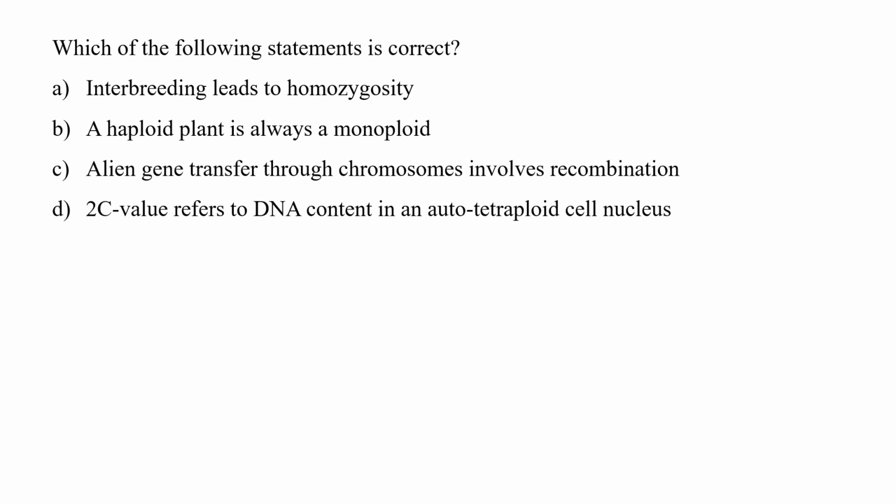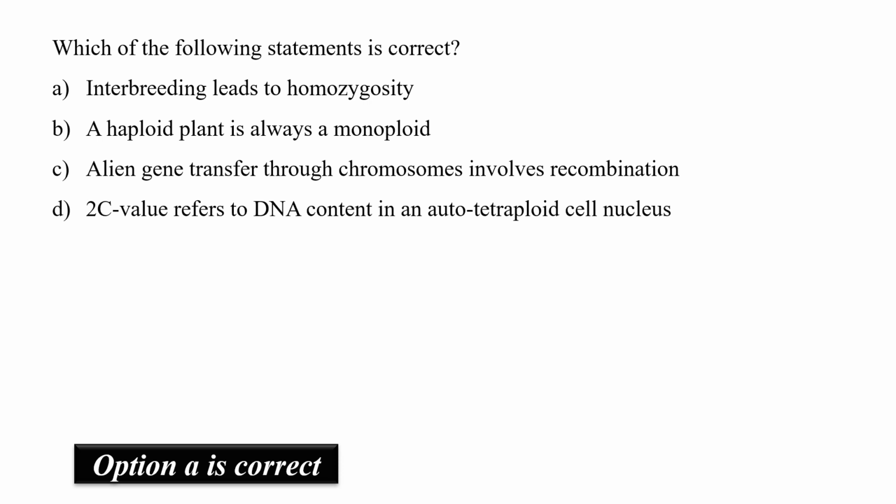So, by analysis we come to know option number A is correct. What is interbreeding? It is the mating between related individuals common in a population, and it leads to homozygosity. Homozygosity means they have identical DNA profiling. There will be no variations. So option number A will be correct.